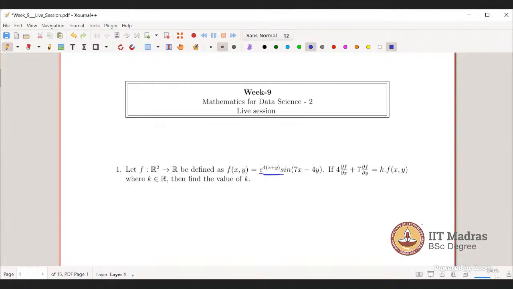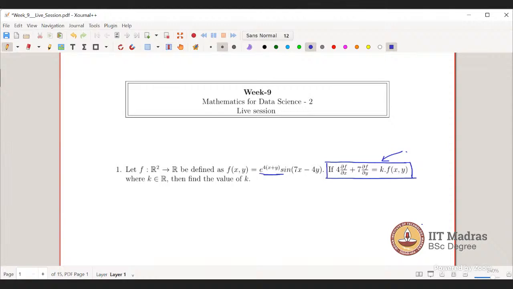It's given that if this condition holds, then what is the value of this k? Okay, so we need to find the value of k.